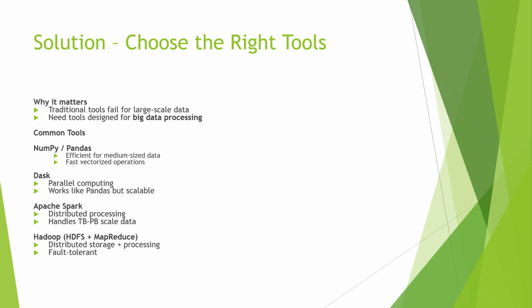Additionally, Hadoop, which includes HDFS for distributed storage and MapReduce for processing, offers a fault-tolerant solution for managing and analyzing massive datasets. Choosing the appropriate tool based on data size and complexity ensures better performance, scalability, and reliability in data processing tasks.